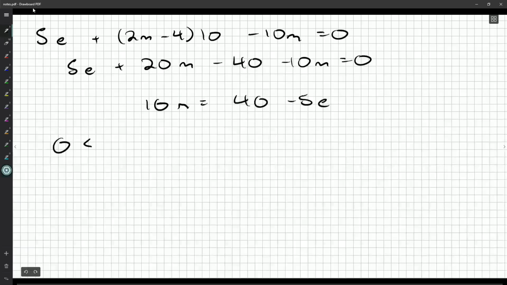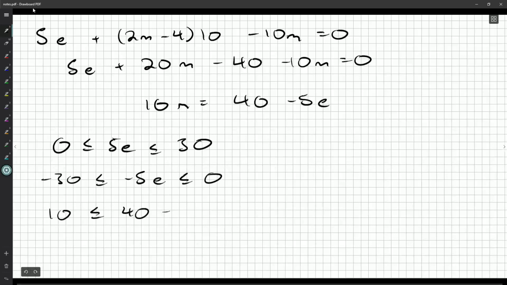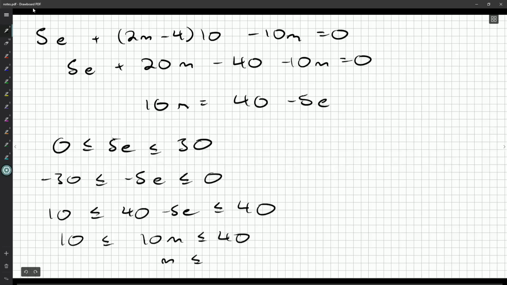Again, we have a range of values for e, so 5e has to be between 0 and 30. So negative 5e is between negative 30 and 0. Add 40 to both sides: 40 minus 5e is between 10 and 40, but this is, of course, the same as 10m. So m is going to be between 1 and 4, and there's the other part of our result.